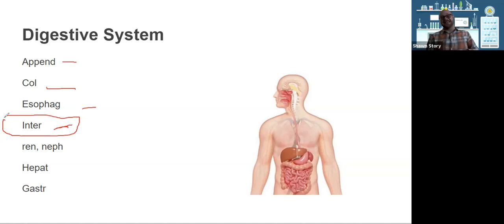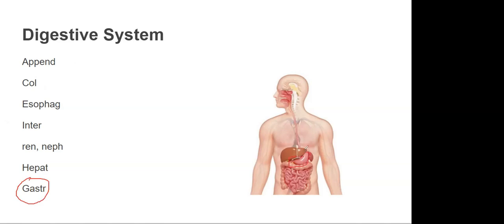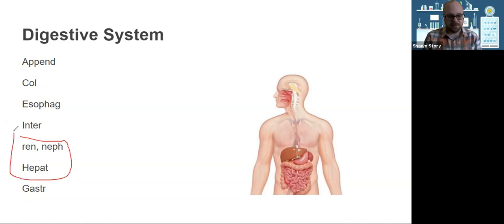Intestines, right? So anything with the intestine. Think about gastrointestinal, right? Gastrointestinal. So that inter will be the intestines there. The last, we know gastro. What's gastro again? Stomach. Yeah, that guy right there, stomach. These two are going to be the harder ones. We looked at hepat already, which is our liver.